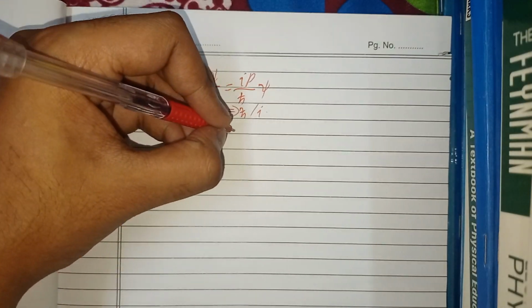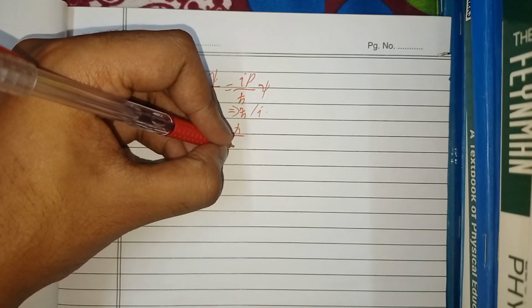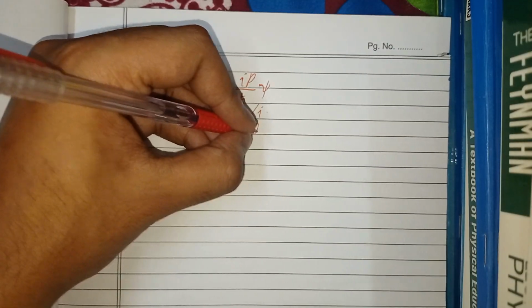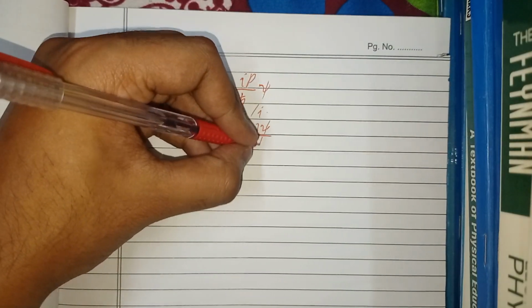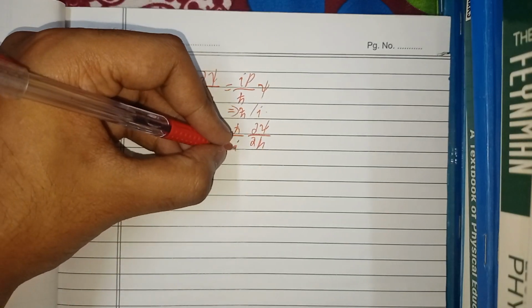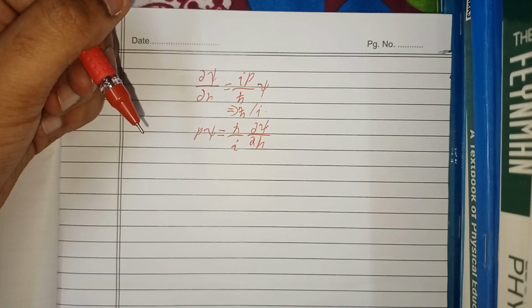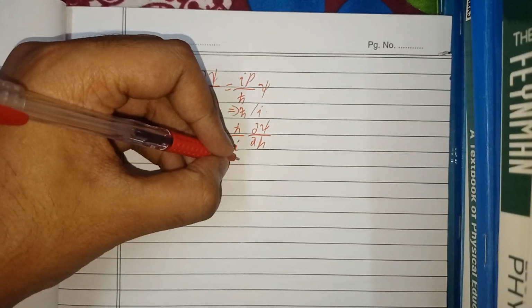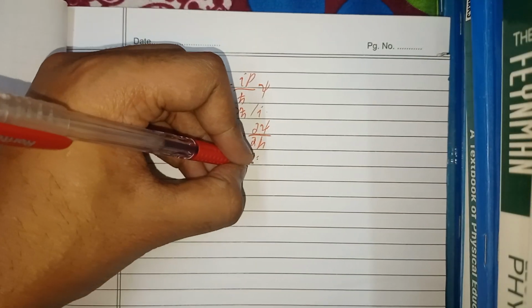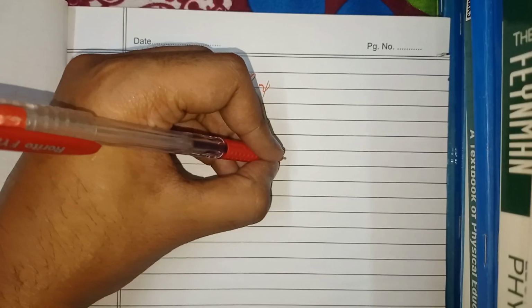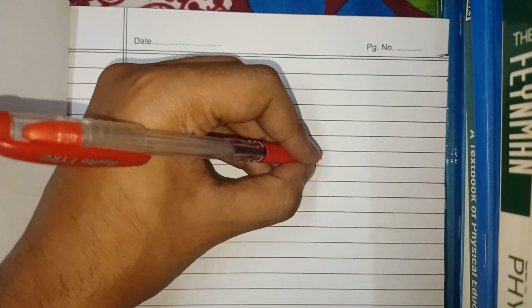So we get the reduced Planck constant, i, the wave function, and this. We cancel out this term by this, and we remain with this. So as we all know, 1 upon i is equal to minus i.